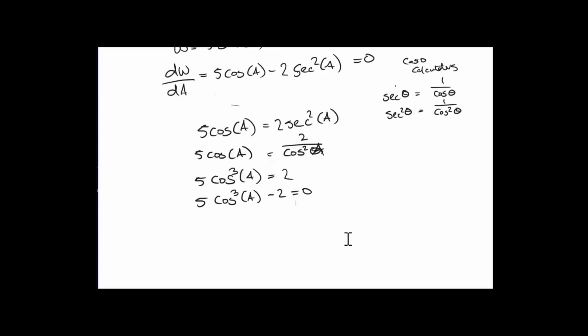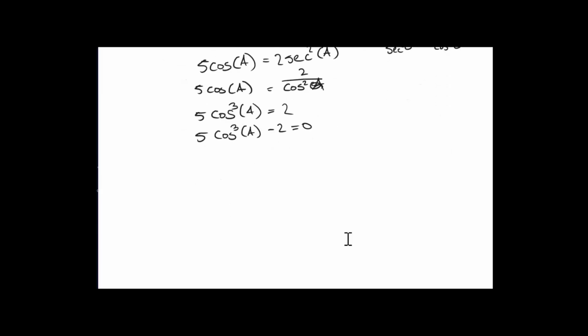Or we could just keep it there like that, and then we would use our calculator. For this one here, now we can work this out. I'm going to set that equal to 2 or leave it there. If we do this on the calculator, you need to use solver, or you could use graph mode. Now, there was a bit of a problem here.